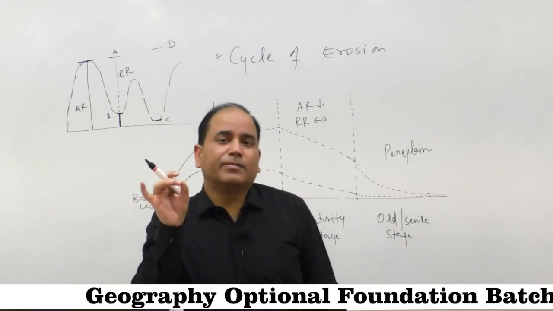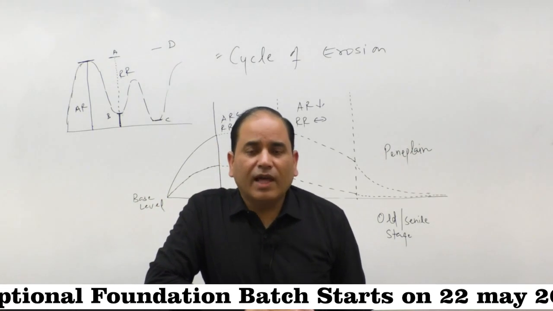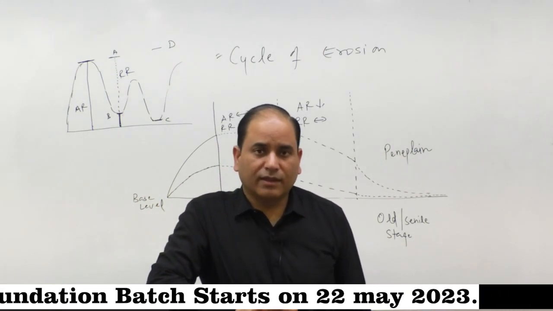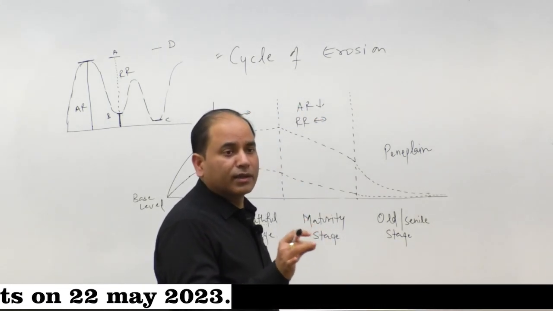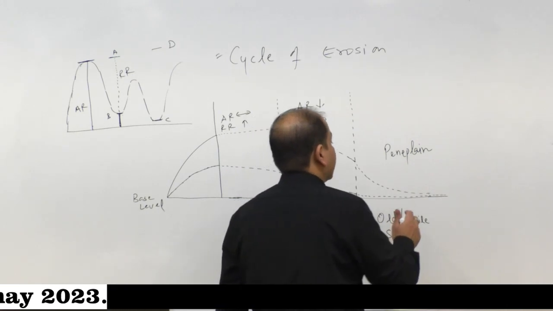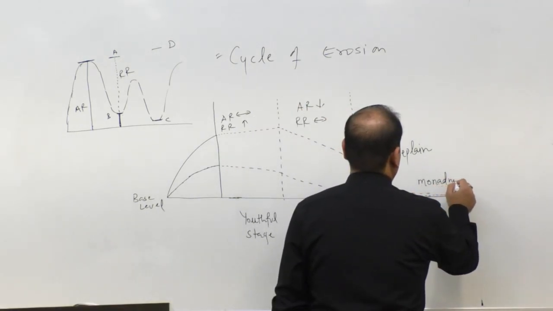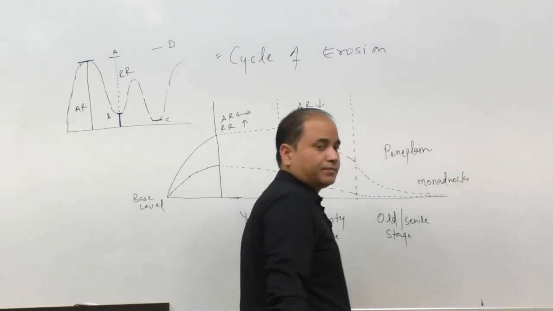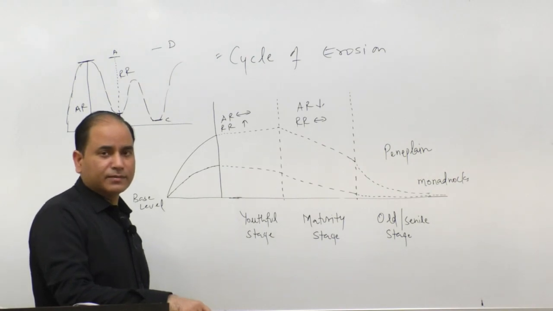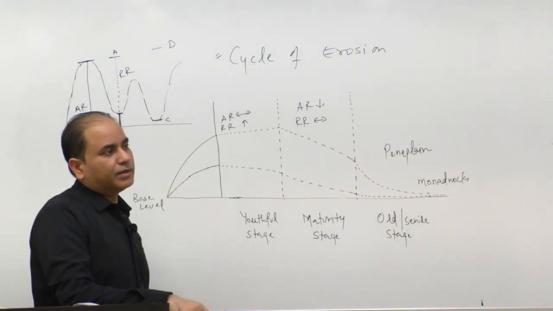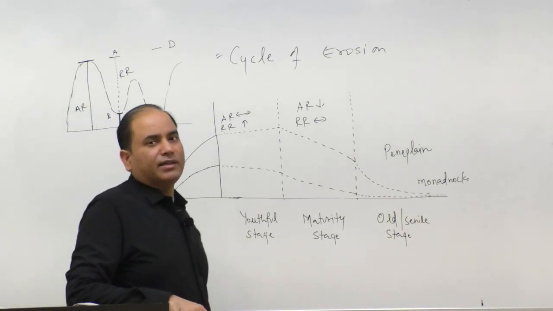Some independent rocks are not going to transform into a flat featureless surface. Those independent rocks that have a convexo-concave shape are referred to as monadnocks. Like in most of the plateau regions, in most of the desert regions, in some places you will find some independent rocks.